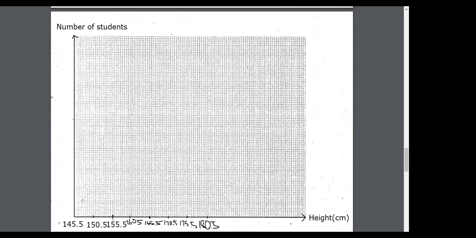So usually 145.5 is on the horizontal axis line because it's 0. There's nothing in it. So you plot the point 145.5, 0. Okay, you can see 145.5 and then just plot.